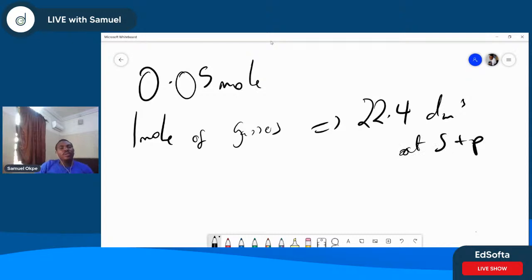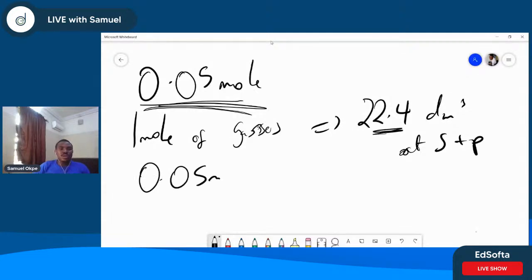So the volume of gases at STP is 22.4 dm cube. But now you are asked for what? The volume liberated of 0.05 mole. So all you have to do is to do what? Is to cross multiply. It's proportion.